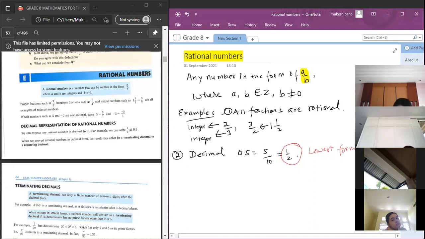But if they are non-terminating, non-repeating, they are not rational. That we will discuss later on, after taking more examples. Decimals we need to discuss in detail. This is an example that you can convert, but otherwise decimals we will discuss in detail later.